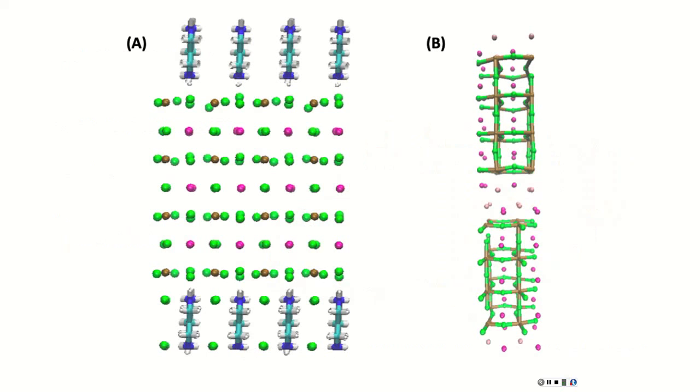I wasn't able to get bonds to show on this one without connecting it to the organic ligands. But if you look at it, this brown colored atom is the lead, the greens are the chlorines, and the pink colored is the cesium. And it makes that same shape that we see in that last model.